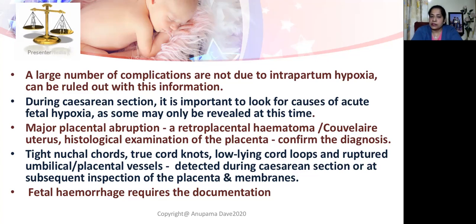Tight nuchal cords, true cord knots, low-lying cords, and ruptured umbilical placental vessels can be detected during a cesarean section or by subsequently inspecting the placenta after delivery. Fetal hemorrhage, if identified, also requires documentation. So, by careful documentation, many of these litigations can be prevented.